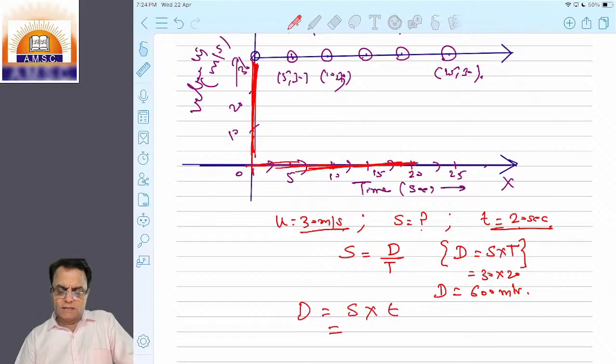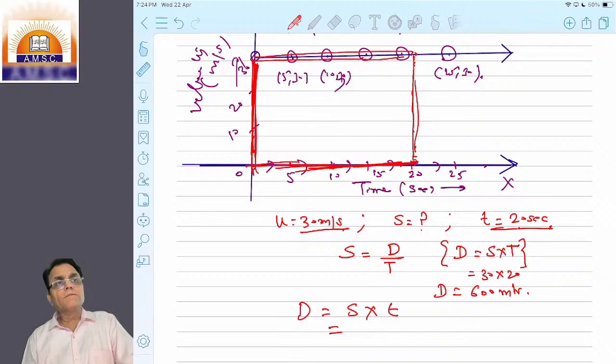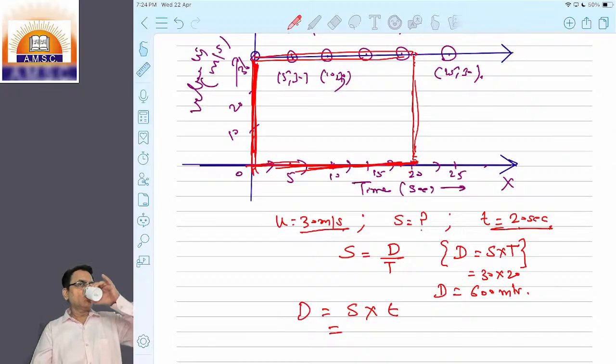तो at this 20, can I create a construction of this figure? What kind of figure it is? It is a rectangle.